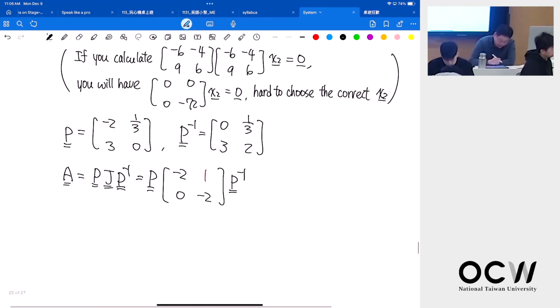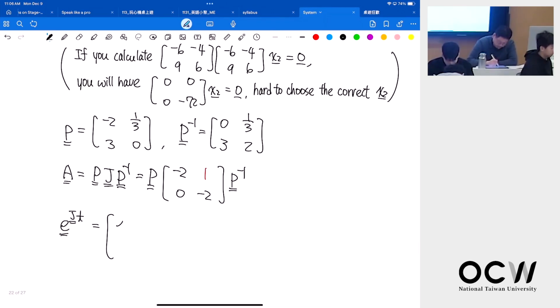So in this case, we can have e to the Jt: e to the minus 2t, 0, e to the minus 2t.